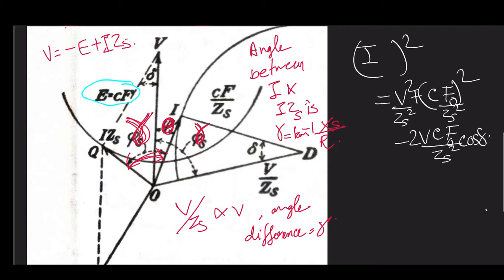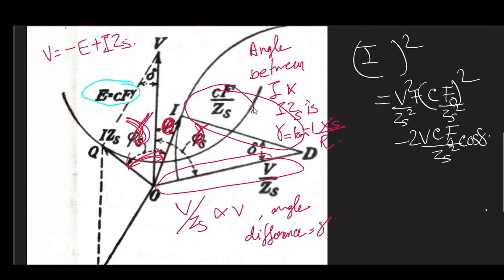Between V and Cf we can expect this is the triangle I was talking about, with one side V by Zs that is constant, and another side Cf by Zs that is constant. However, this I is clearly a function of delta.